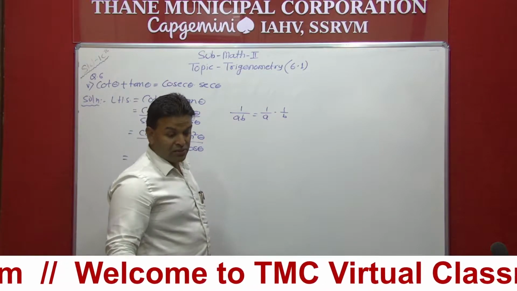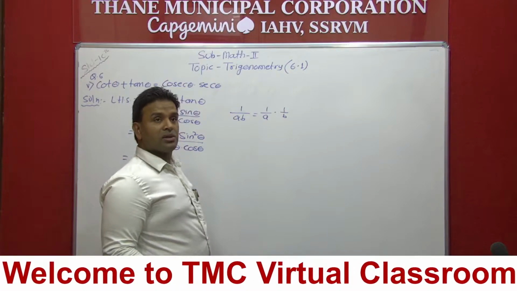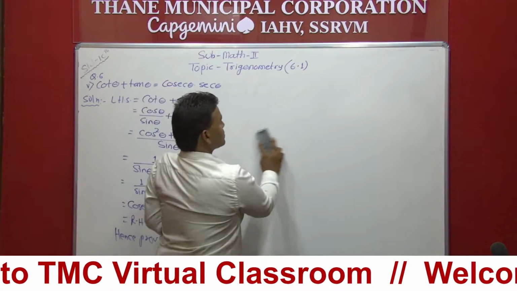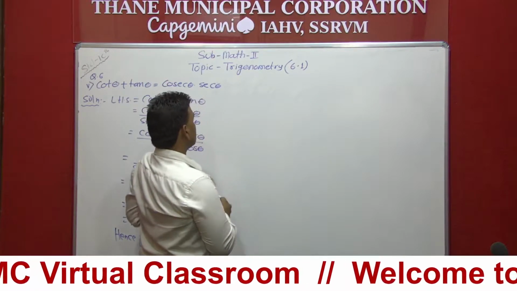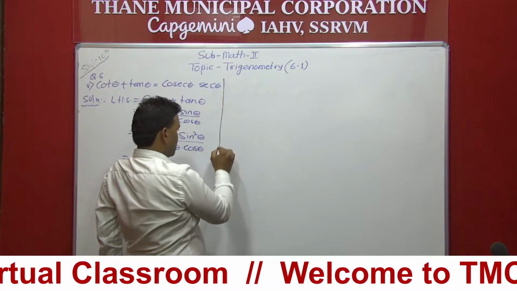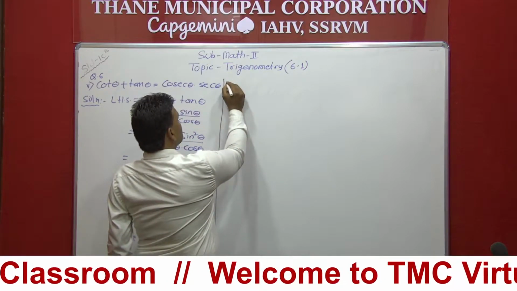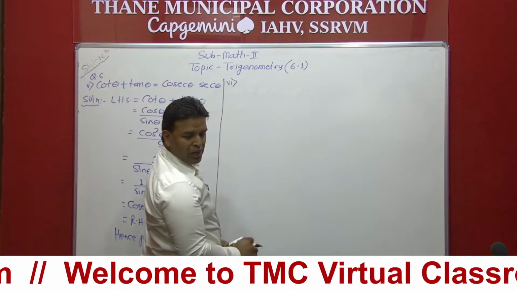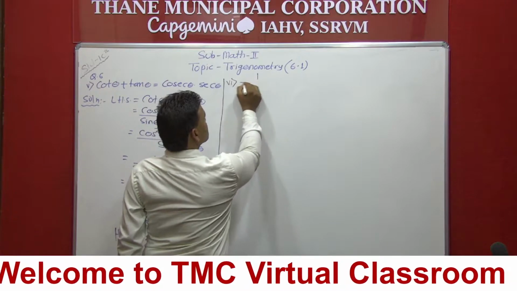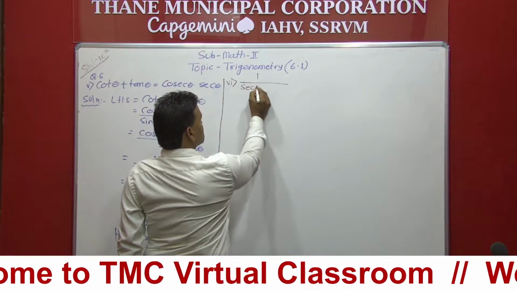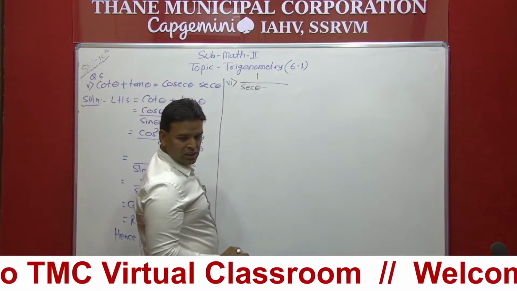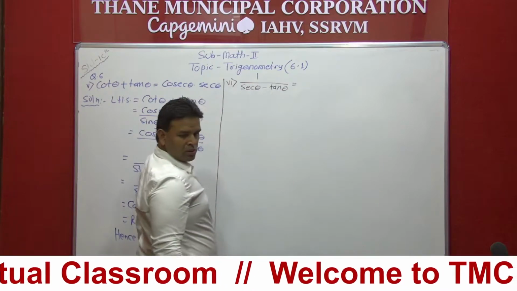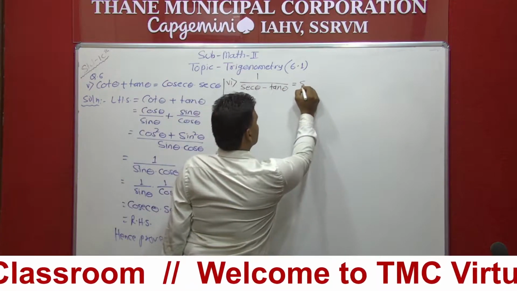Now the next question is very important. It may be asked for 3 marks. Let me write down the question on the board. Question number 6: 1 upon sec theta minus tan theta is equal to sec theta plus tan theta.